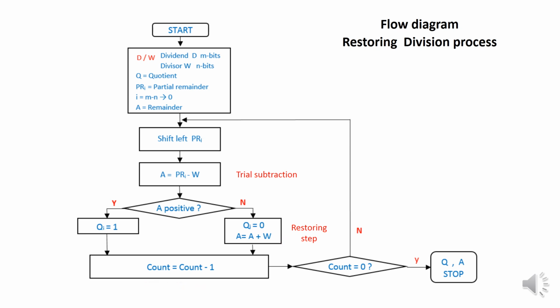This is the counter, and this is the iteration loop. Once all the bits of the dividend have been covered, we get our final quotient and the remainder, and we stop. So, this is the basic restoring division algorithm.